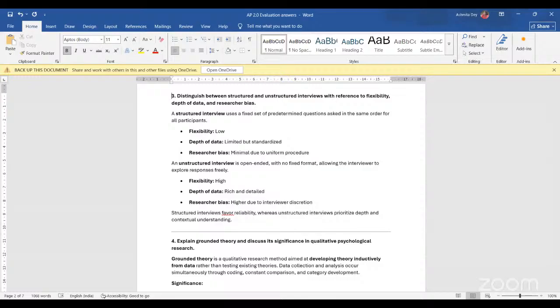However, an unstructured interview is open-ended with no fixed format, allowing the interviewer to explore responses freely. Therefore, flexibility is high, depth of data is rich and detailed, and the chances of researcher bias are higher due to the non-uniform format of this particular style of interview.